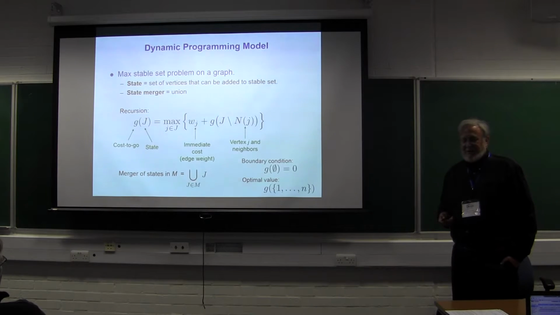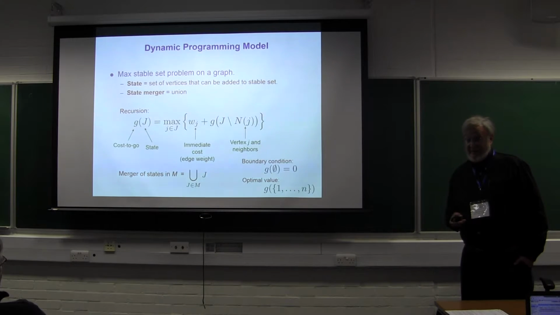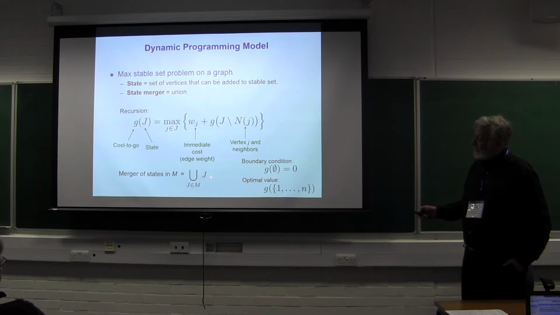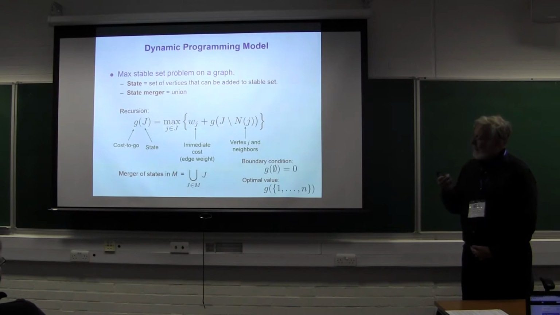Now, we also need a way to relax the diagram. We relax by merging states. You might recall I mentioned that the way you merge states in this case is just to take the union of the states, the sets of the vertices still available. And this gives you a valid relaxation. You have to do two things to formulate the problem.